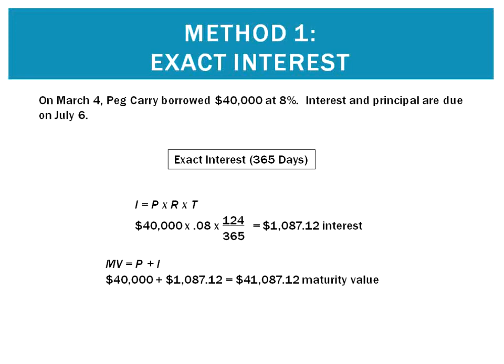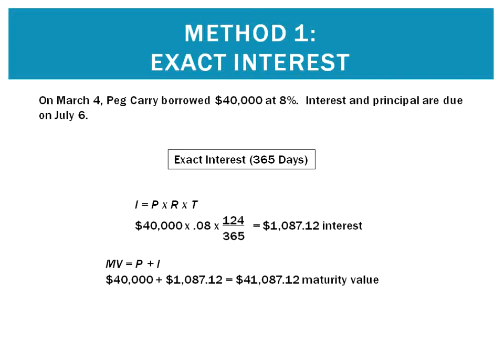Now your interest is equal to principal times rate times time. Principal is $40,000, that's how much they're borrowing. Rate is 8%, again converted to a decimal, always, 0.08, times your time. How long was the loan for? This time, because it's in days, it's 124 divided by 365. So your interest is $1,087.12.